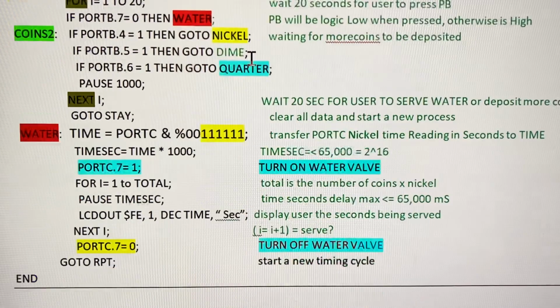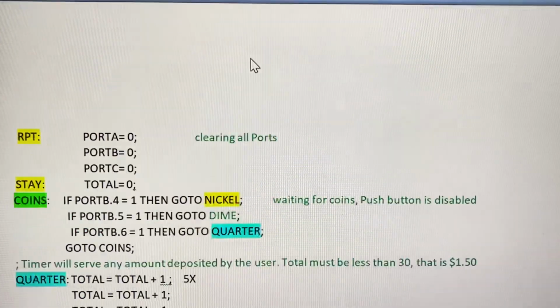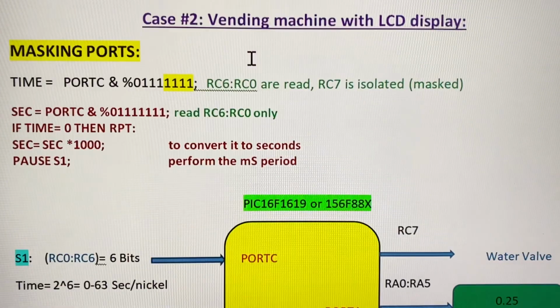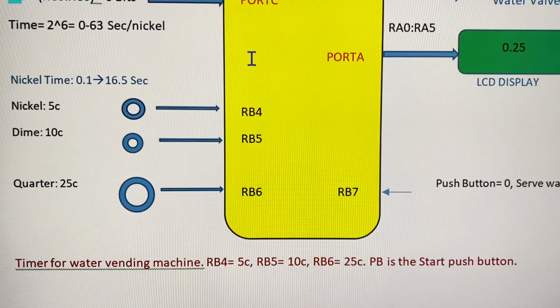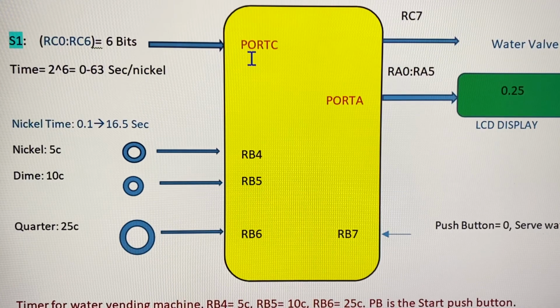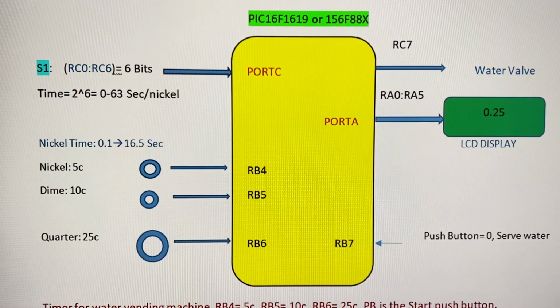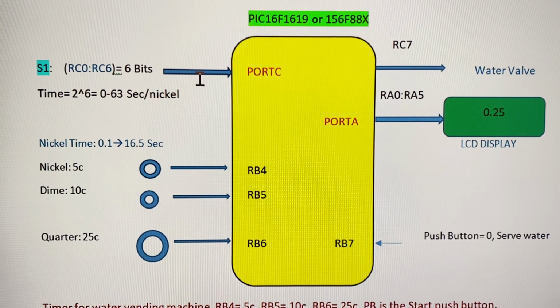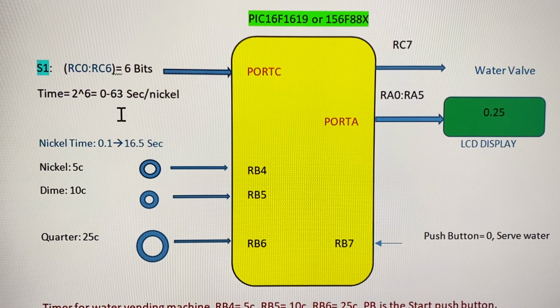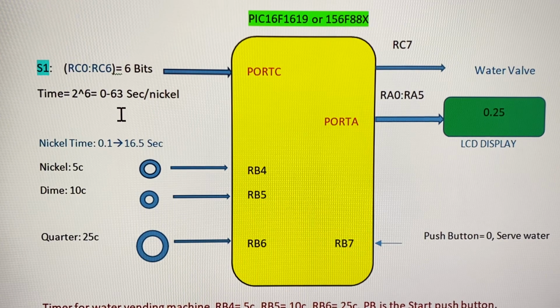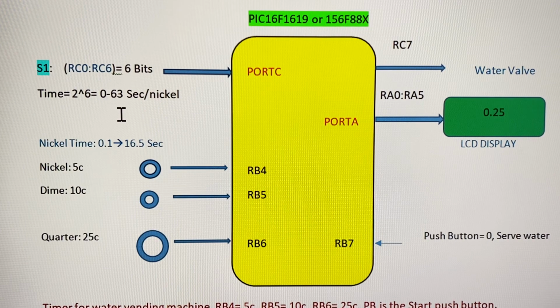This is the code I wanted to explain, and of course this is the circuit we were seeing here, where we have 6 bits dedicated to read the time, and we can adjust the time from 0 to 63 seconds per nickel. But in the real world, it might be from 6 or 7 seconds per nickel to 20 seconds per nickel. So that's all for today. Thank you.